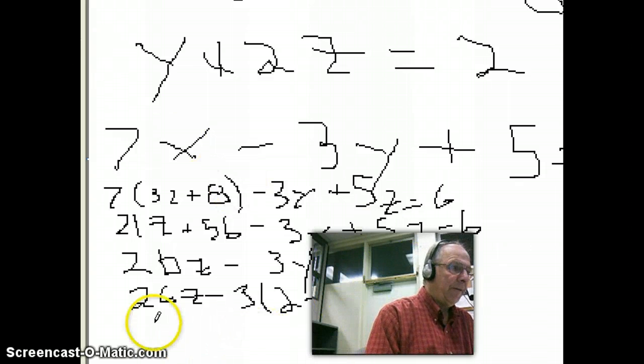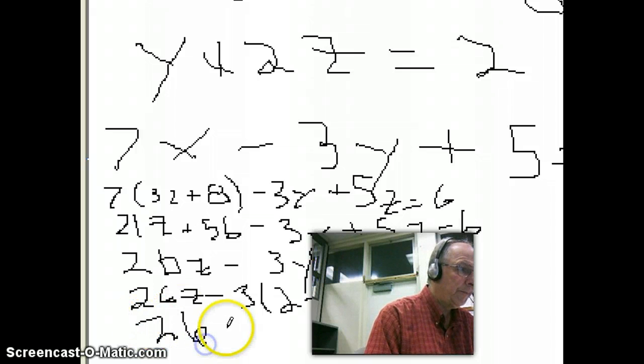Okay, and then we simplify. We have 26z, then distribute the negative 3 in the parentheses. We have minus 6 plus 6z is equal to negative 50.